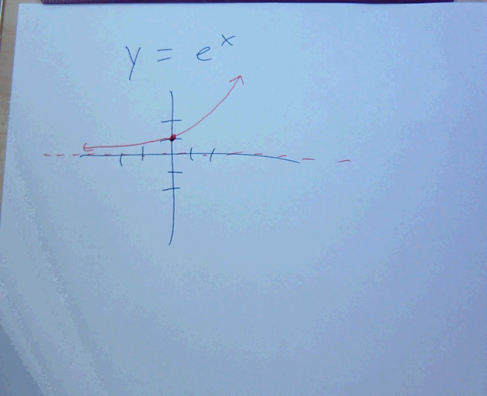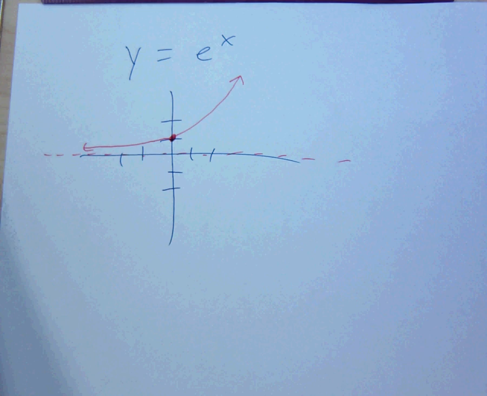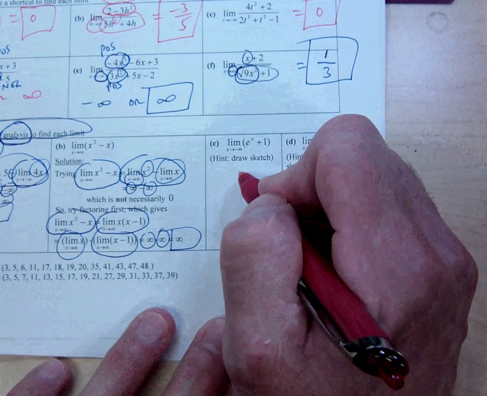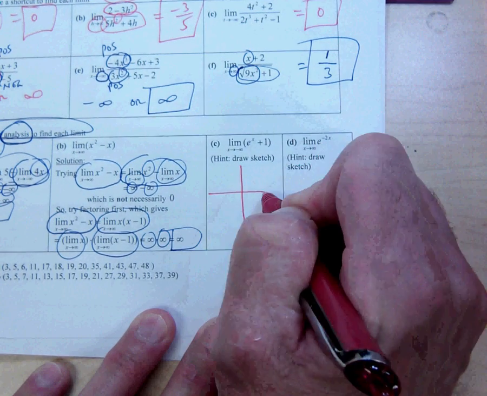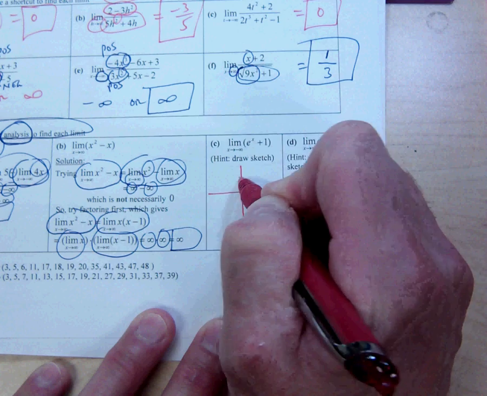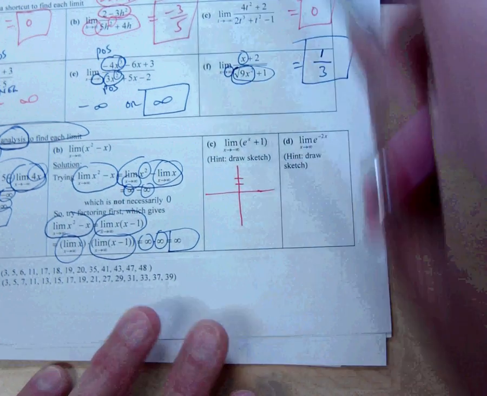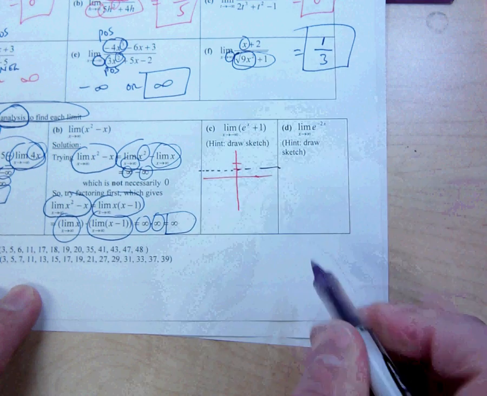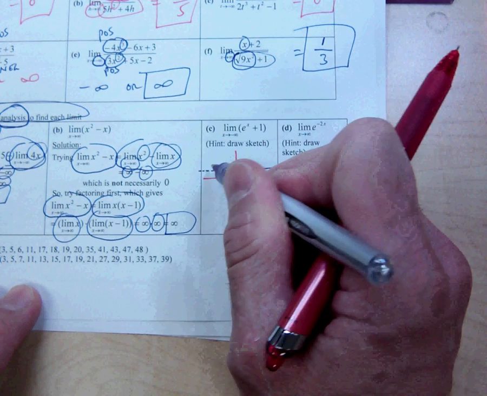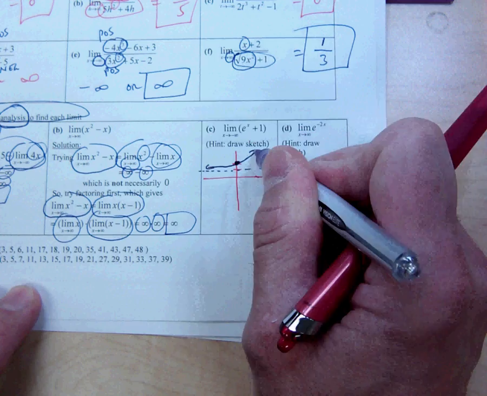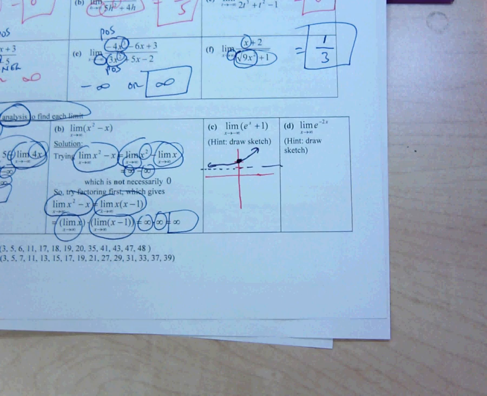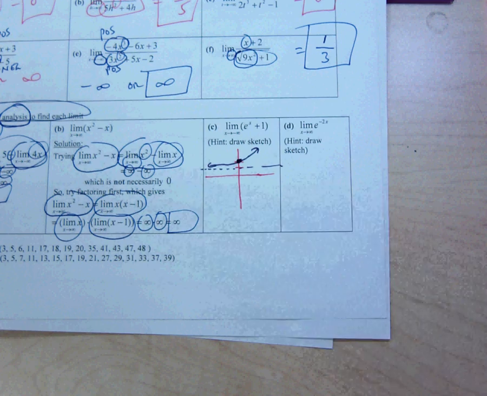Okay, so then how would you handle this one? What does the plus 1 do to the memorized graph? It moves it 1 up. So let me draw that graph for you. Are you ready? So won't that asymptote move up to there? And won't the 0.01 move up to there? Yes? Okay, so just looking at the graph of the function, you should all be able to tell me what the limit is.